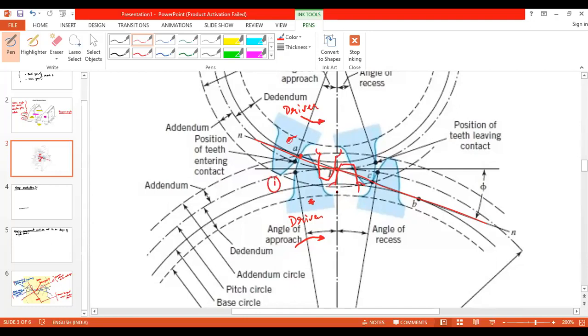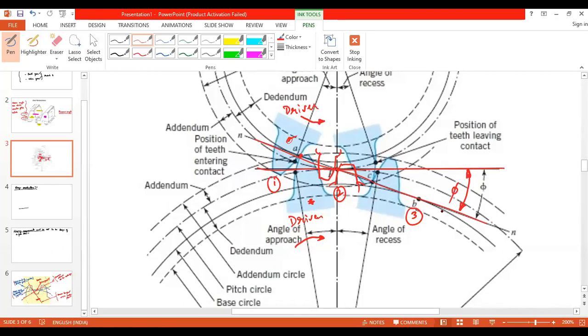Okay, this is position number 1 and this is position number 2 and this is position number 3. Okay. Now at position number 2, the angle between the line of action or common normal and the line passing through the pitch point is known as pressure angle phi.